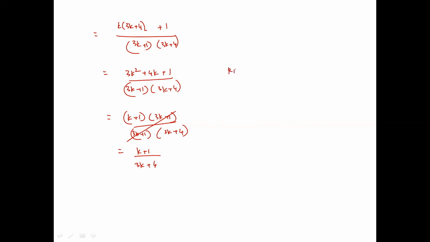The same thing if we find on RHS by putting n as k plus 1, by 3 into (k plus 1) plus 1, you have 3k plus 3 plus 1. So the same answer we got, LHS answer and RHS answer.